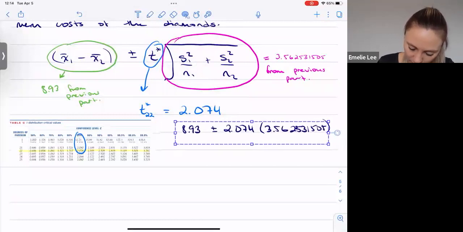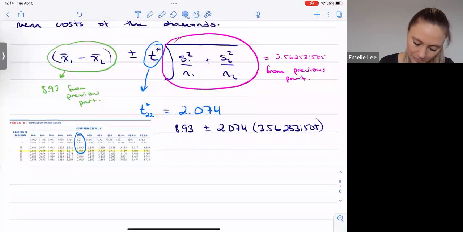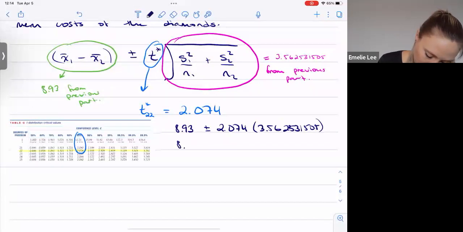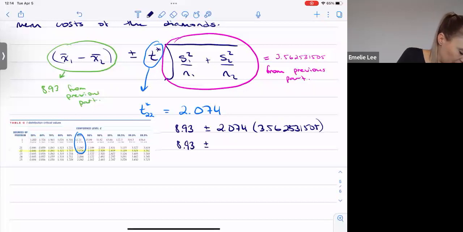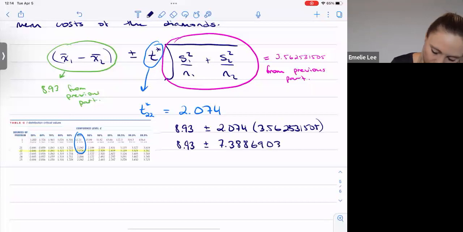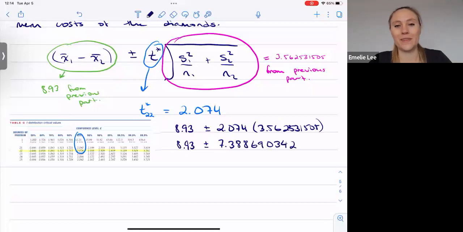So I'm gonna grab that, recall that guy, and then times 2.074, 7.388690342. That's my margin of error, right?